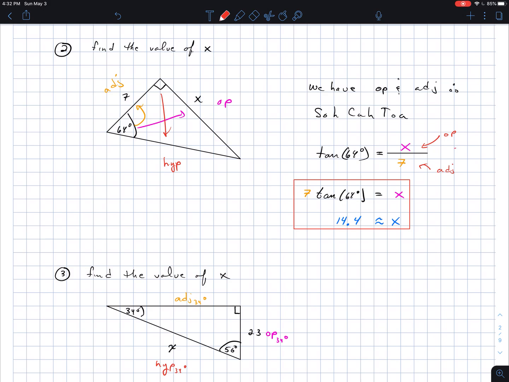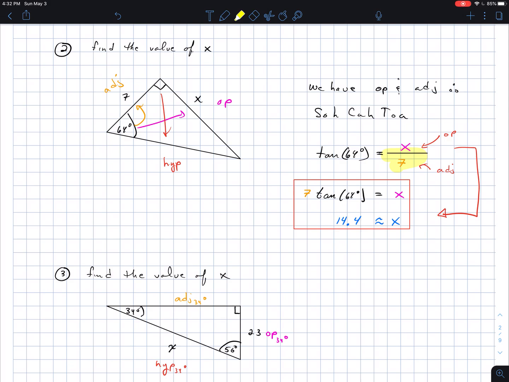Now, how did I get from this step to this step? Well, no big secret. If I'm dividing by 7 on one side of the equal sign, I need to get rid of it. How do you get rid of a division by 7?